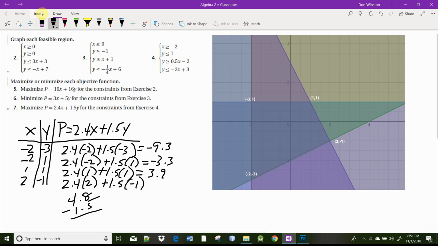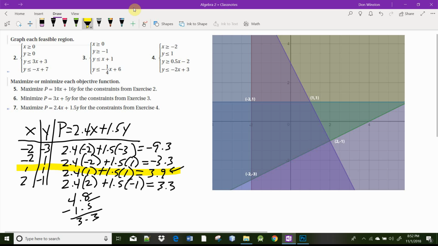And that will give me 3.3. So let's see here. So the largest value I have is right there. Okay, so the maximum value is going to occur when x is 1 and y is 1. And we'll get 3.9.